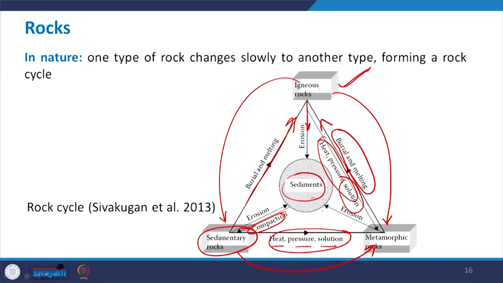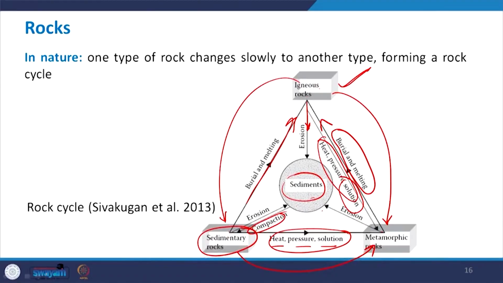So what this cycle gives me the idea is that one rock can be converted or it changes to the other rock type, like igneous rock upon erosion and compaction can be converted to sedimentary rock.